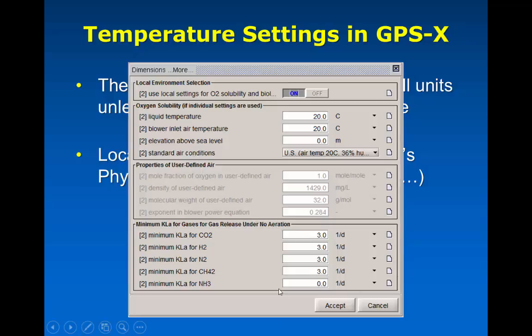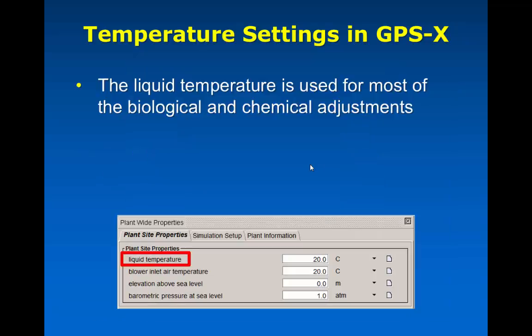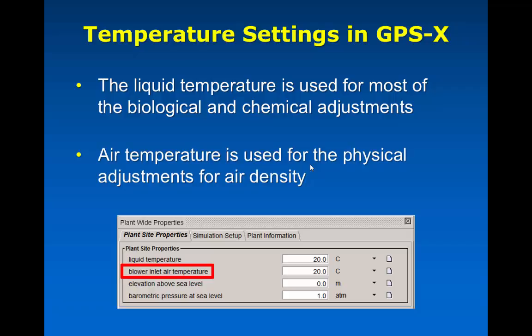I'm not sure that would be different for any particular unit process, but also standard air conditions, where you can override our typical air with units if you wanted to do high purity oxygen, for example. So the liquid temperature is used for most of the adjustments that we'll be discussing today, the biological and chemical adjustments, and also the inlet air temperature is the one that is used for making adjustments to do with aeration.